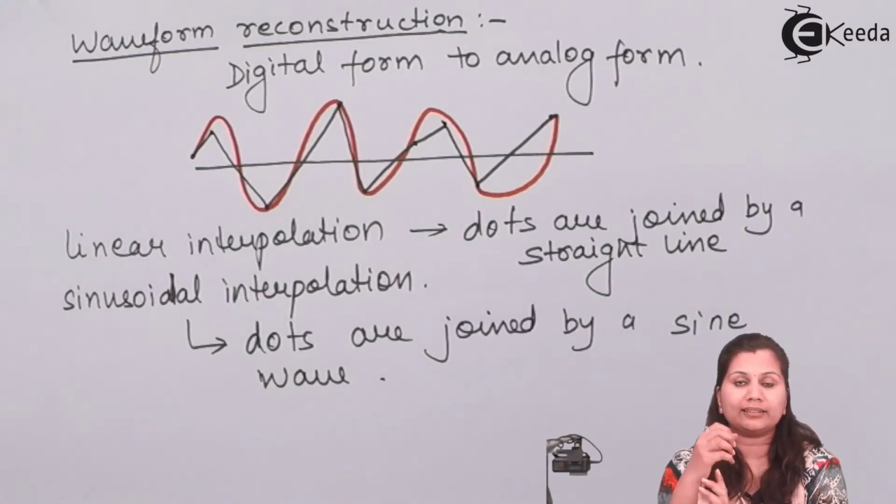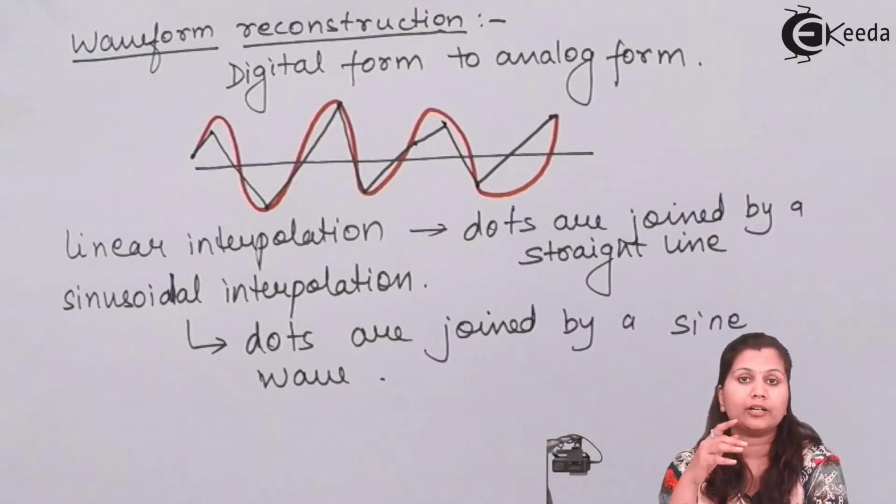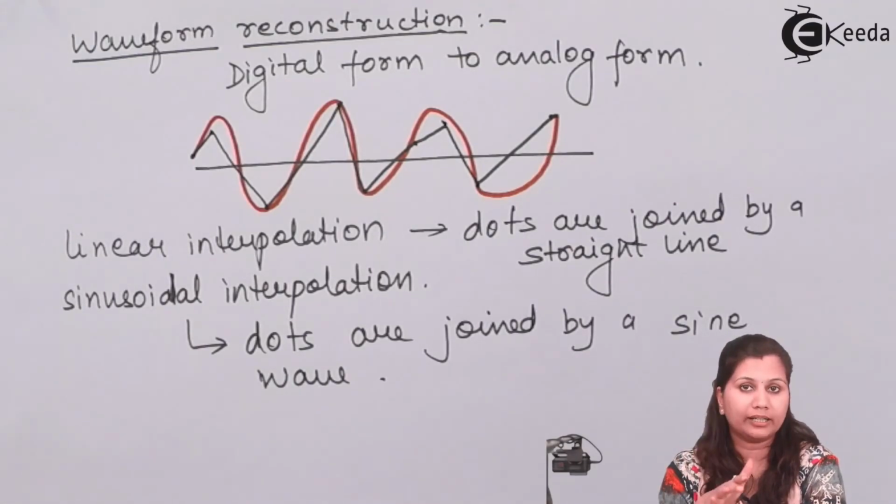Then we studied that there is a problem in it, that the sampling frequency should be twice the highest frequency present in the signal. Aliasing is caused, and to remove this aliasing, we have to increase the sampling rate. When we increase the sampling rate, the resolution of the A to D converter and the bandwidth of the oscilloscope decrease.